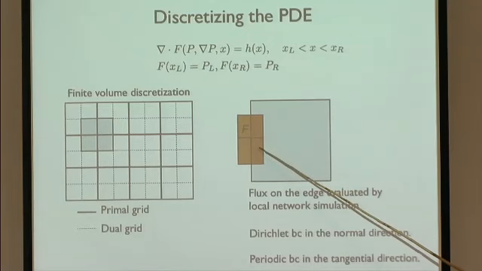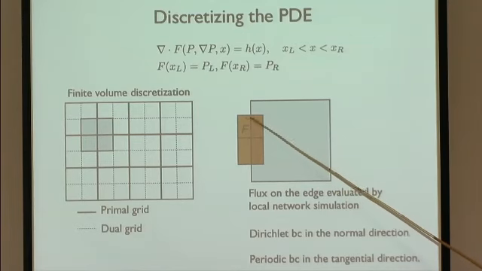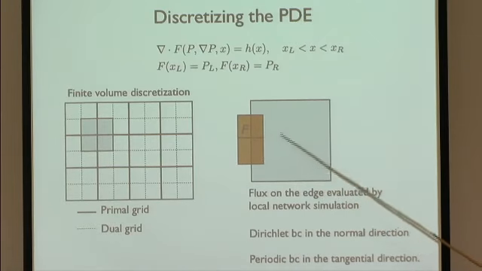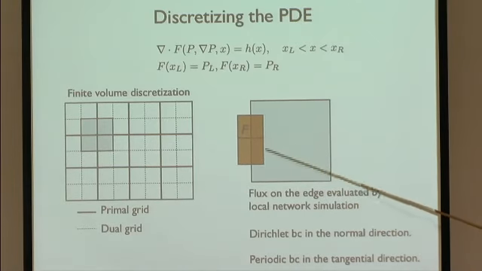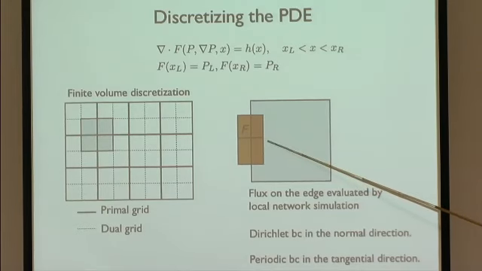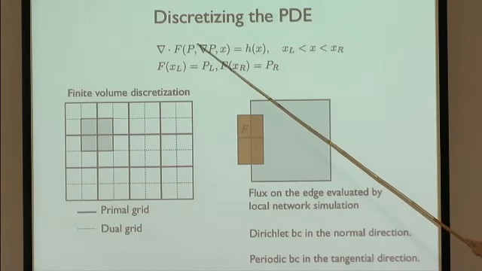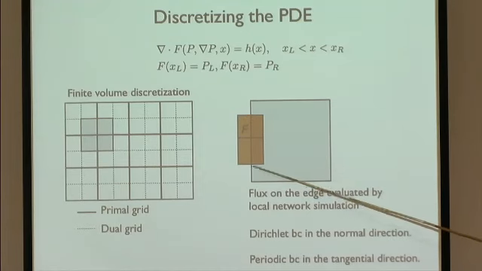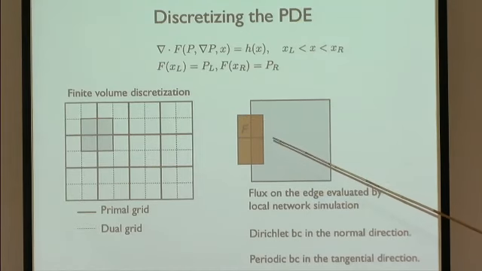And this flux is going to be computed by setting up a network model that's, say, maybe physically corresponding to the size of this orange box over here, with the boundary condition: the pressure on the vertical sides is going to be determined by the pressure variable, and the boundary condition on the horizontal sides of this orange box will be periodic boundary condition.